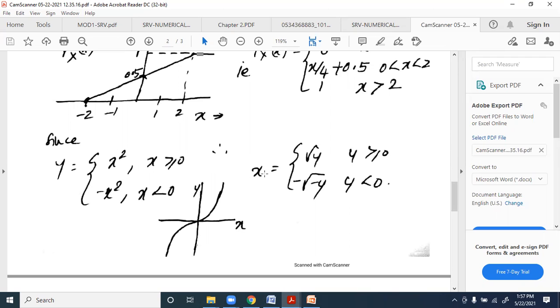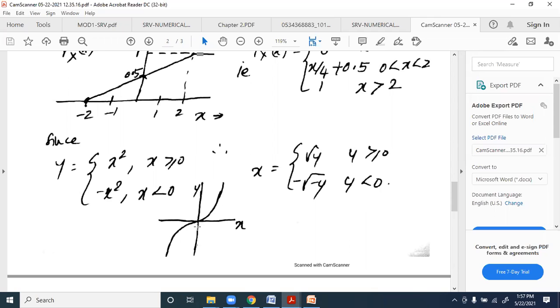How we can write x in terms of y is what we have done over here. If this is the figure, y is equal to x squared, then naturally x will be equal to root of y. And that is why we have this value for all values of y greater than 0. For all values of y which are positive, we have root of y.